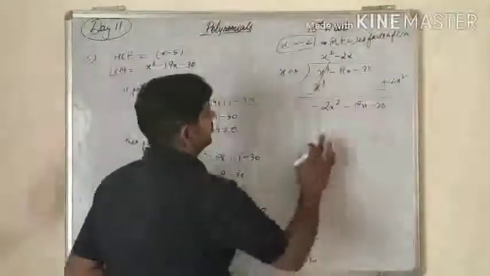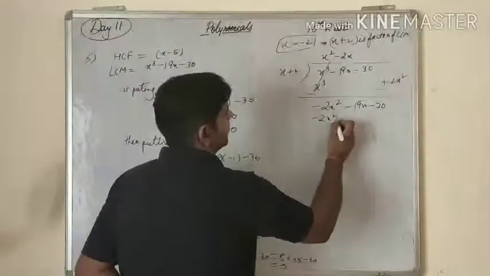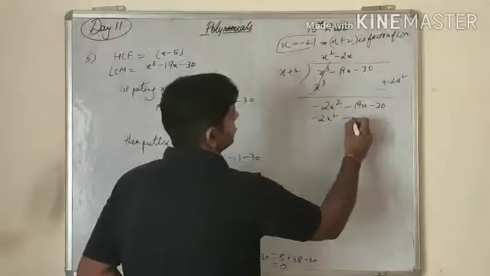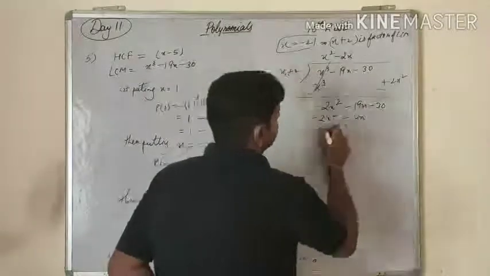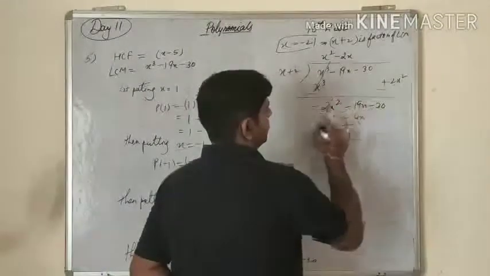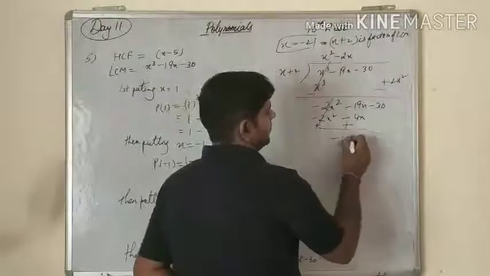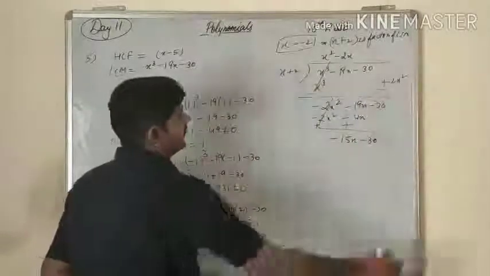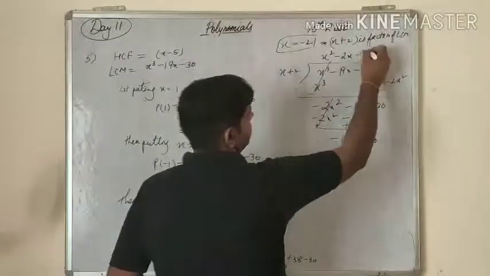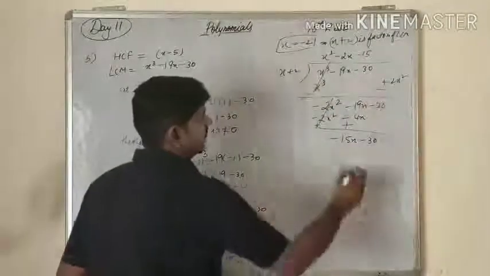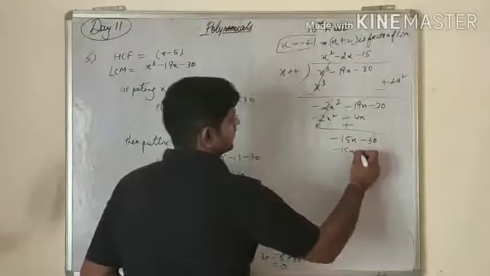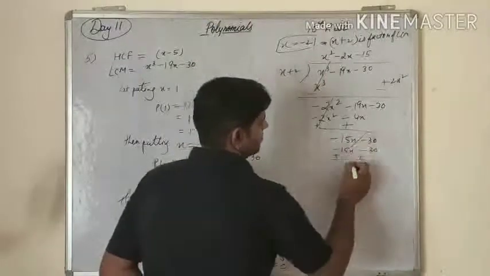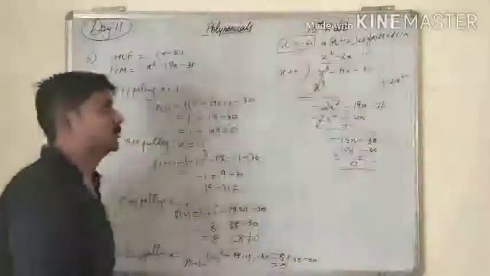So minus 2x into x plus 2 gives minus 2x square and minus 4x. If we subtract, it is cancelled. There will be minus 15x and minus 30. If we divide this by x, we get minus 15, and minus 15x and minus 30. Sign change, everything is cancelled and we get remainder 0.